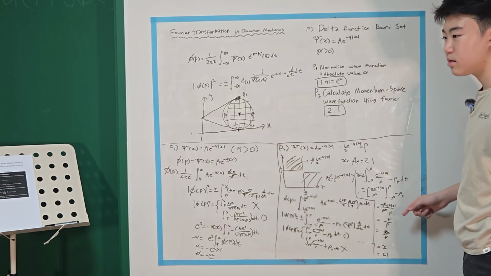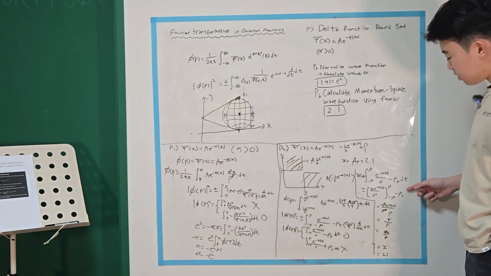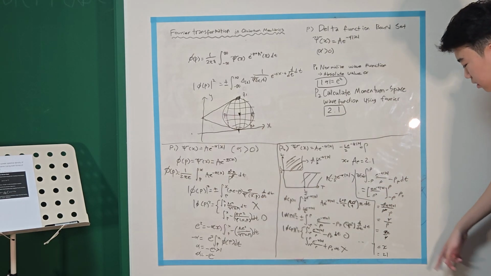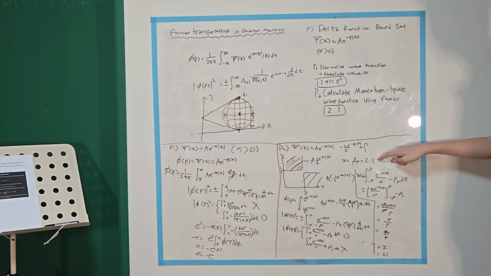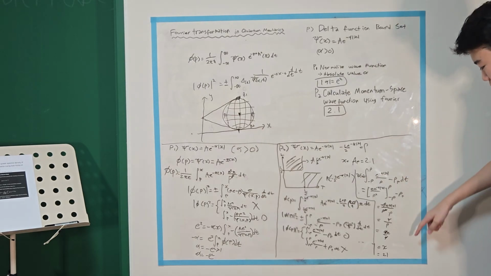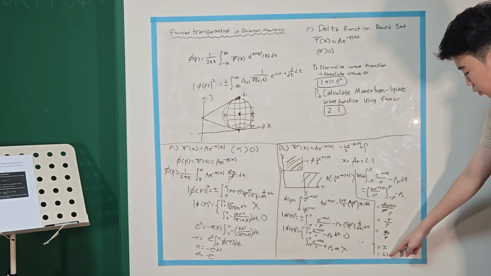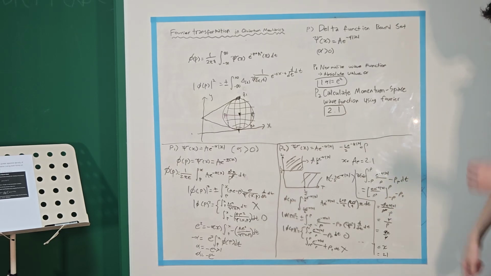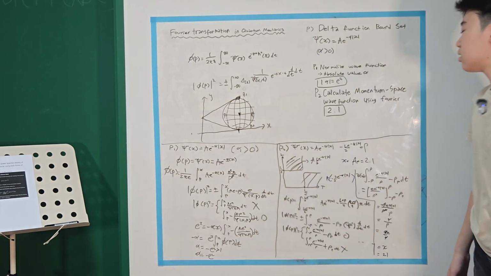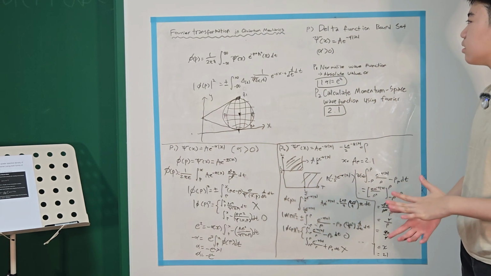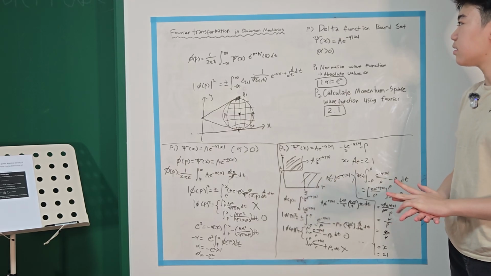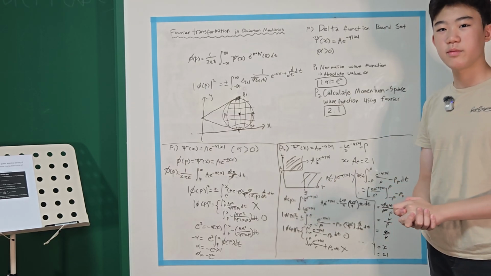We substituted, and we did a lot of calculation. We knew that x equals AE, and this equals 2.1, so x equals 2.1, so the answer was 2.1. We solved two problems about delta function bound set, and this was about Fourier transformation.